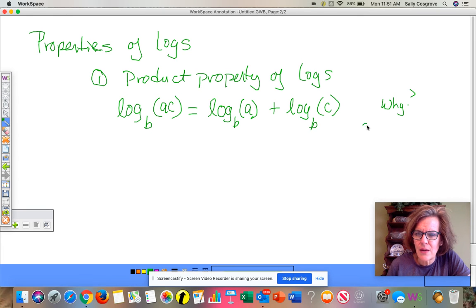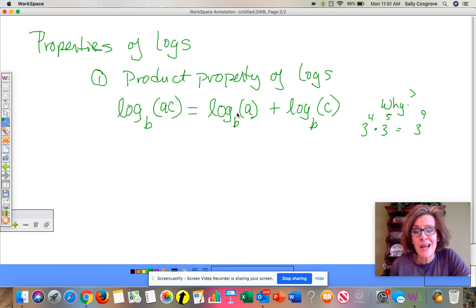Here's the flashback. Remember, if you have 3 to the 4th times 3 to the 5th, then the bases are the same. So when I multiply terms, I add exponents, 3 to the 4 plus 5, which is 3 to the 9. And the exponent in exponent form is the log value in log form. All right?